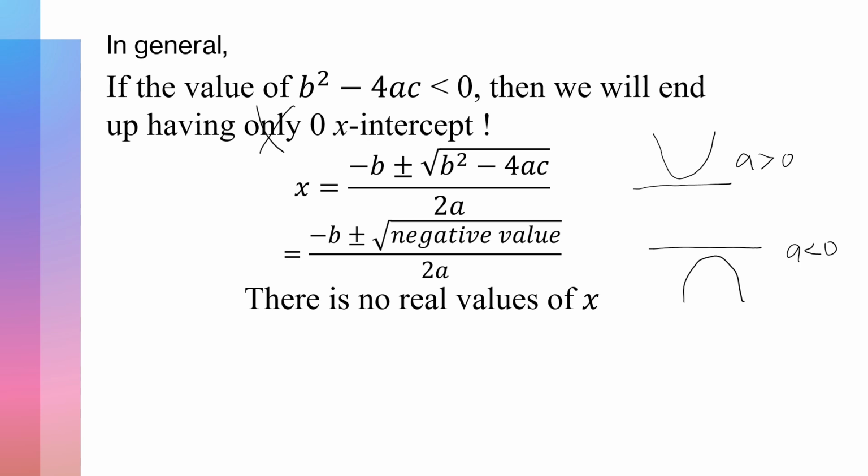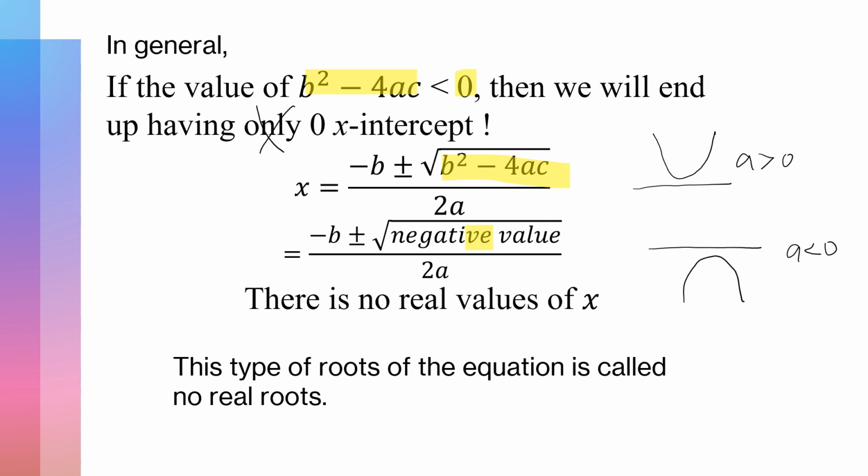And there's no real values of x, no solutions. So in this case, we describe the roots of the equation as called no real roots. There's no real roots for this kind of equation if the value of b squared minus 4ac is a negative value.